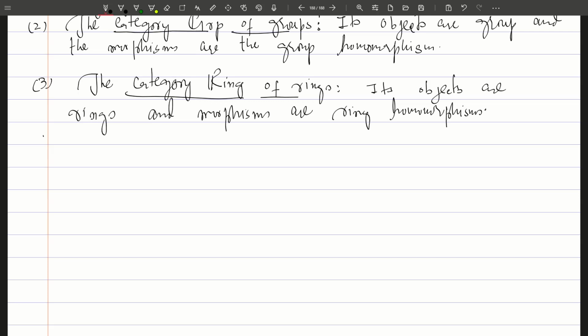Then we have the category Top, the category Top of topological spaces.